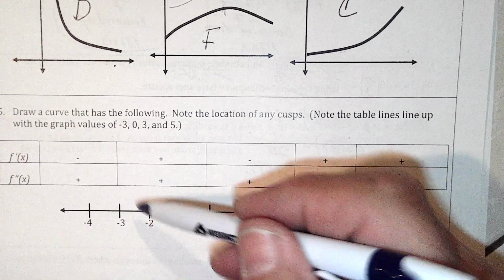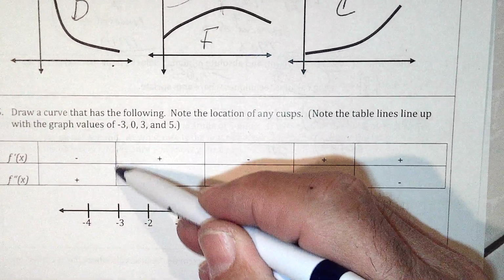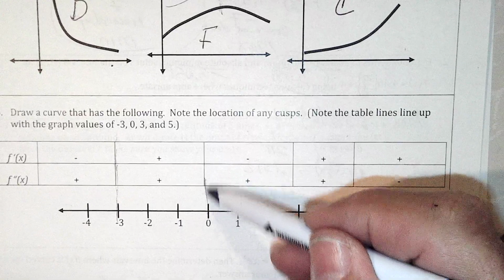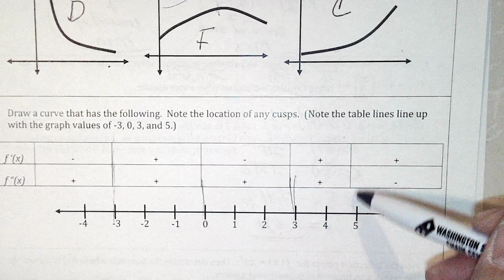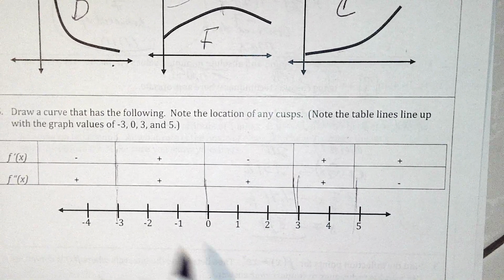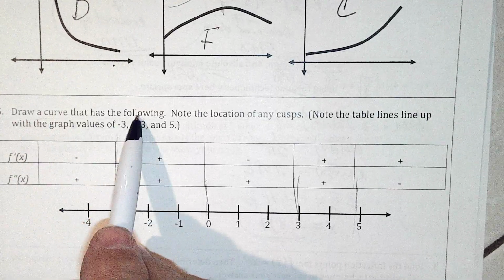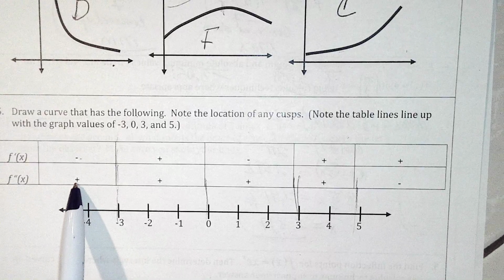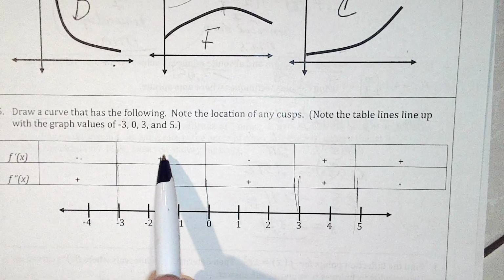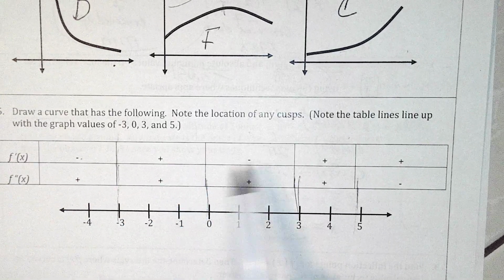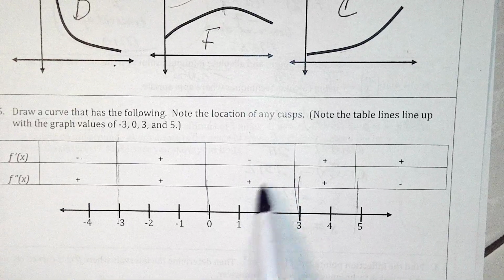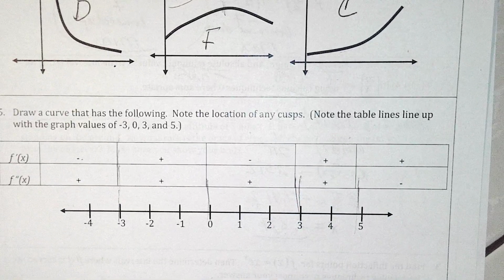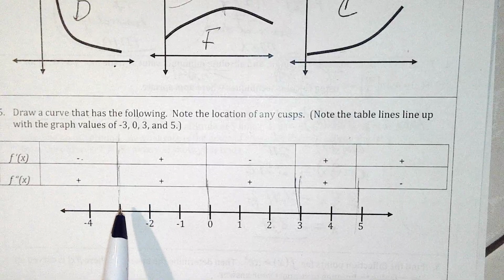Okay, so these lines up here are supposed to line up with numbers. They were supposed to. So we're supposed to draw a curve that has a negative first derivative and a positive second derivative, positive first derivative, positive second derivative, negative first derivative, positive, and we'll try to do it all the way through.